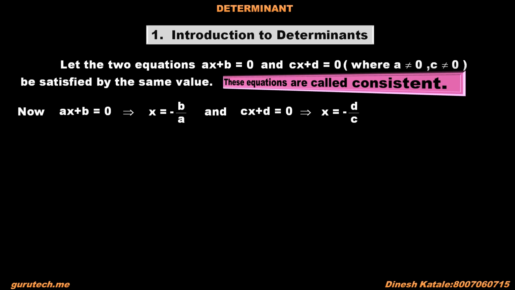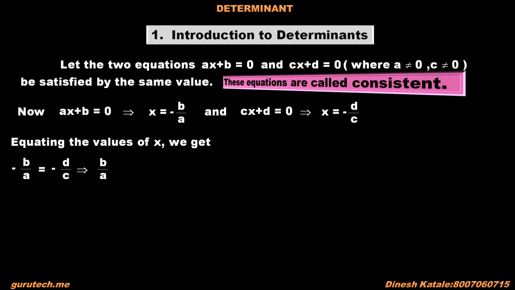Thus, from these two equations we got two different values of x. Therefore, equating the values of x, we get minus b upon a is equal to minus d upon c. Cancelling minus sign from both the sides, we get b upon a is equal to d upon c.